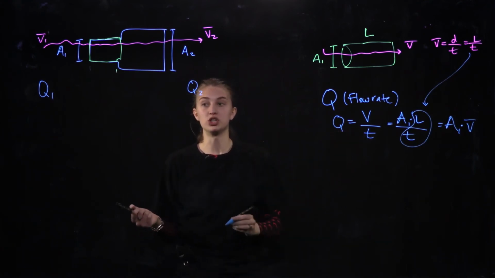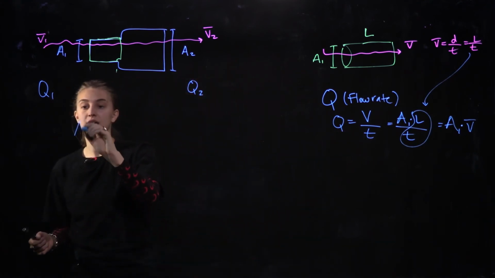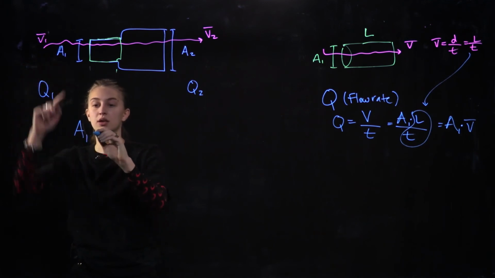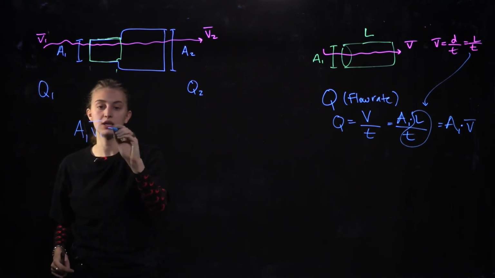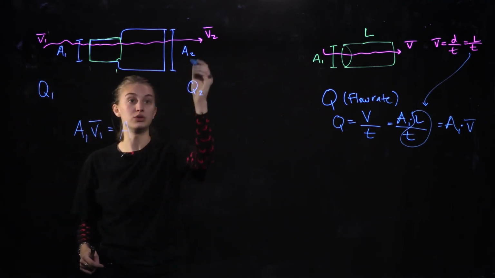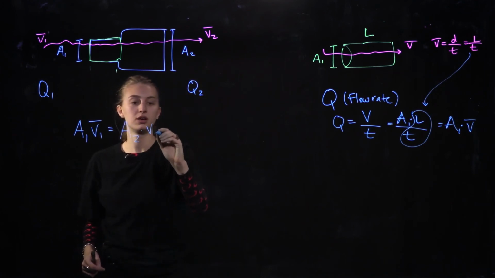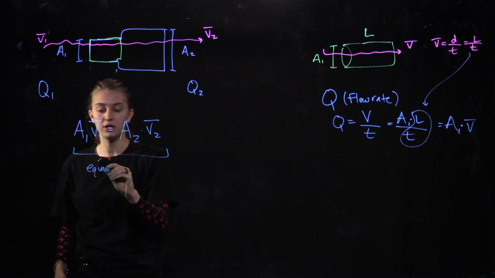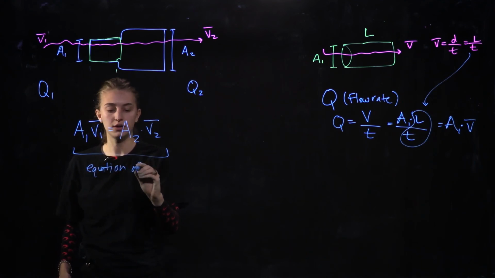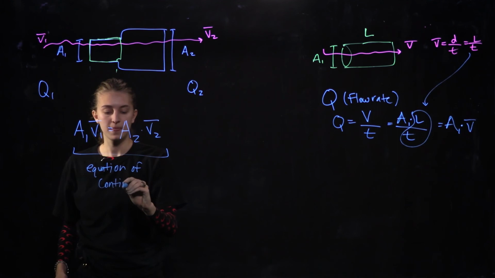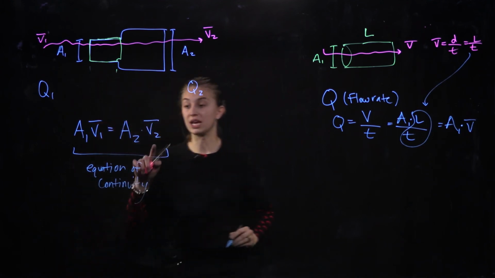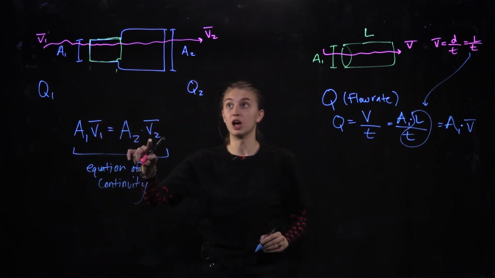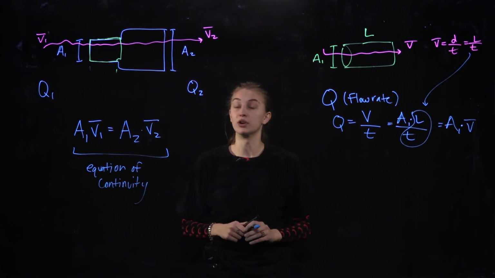Based off the equation we just derived, this looks like A1 times V1, velocity, equals A2 times the resulting velocity. We call this the equation of continuity. And knowing that, we can solve for the resulting velocity from this pipe of varying cross-section.